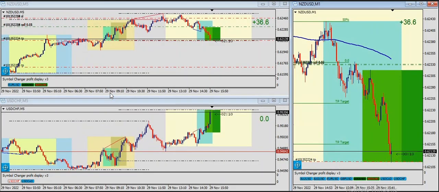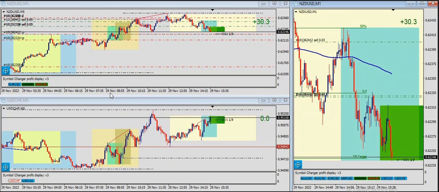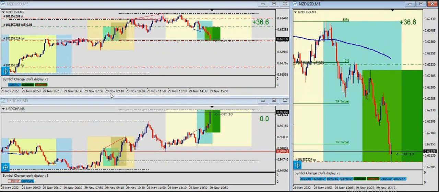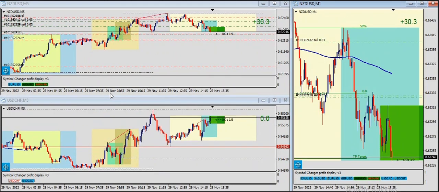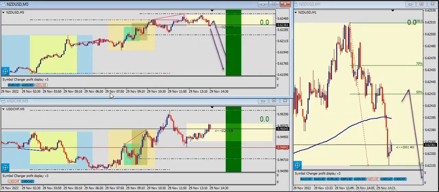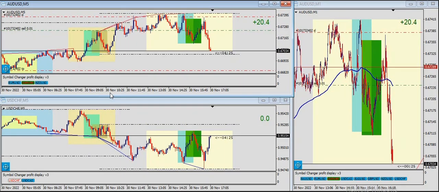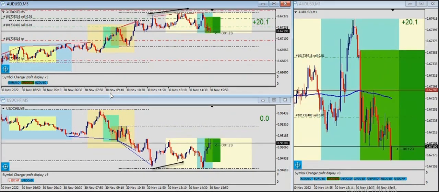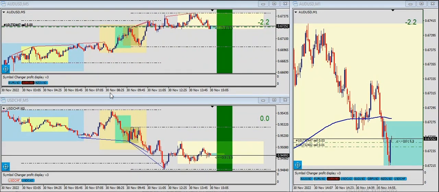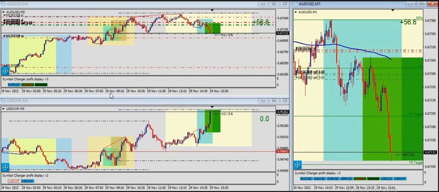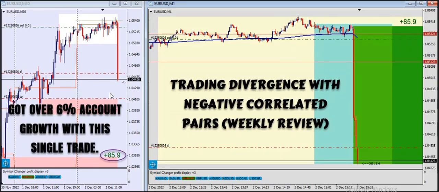Look at this, NZD/USD, all take profits were cleared out. AUD/USD, all take profits were cleared out. Then another AUD/USD, all take profits were cleared out. So you can see it was massive in profit. So with a single trade, if you had losses, you can clear them out, right?